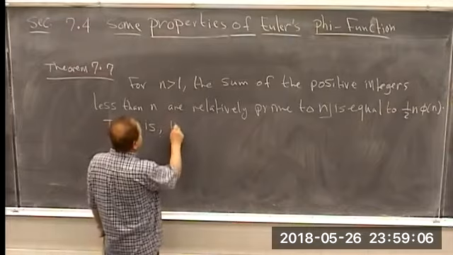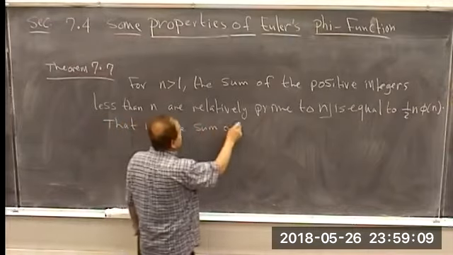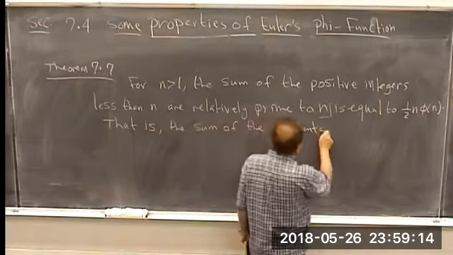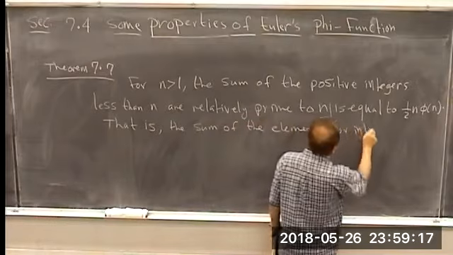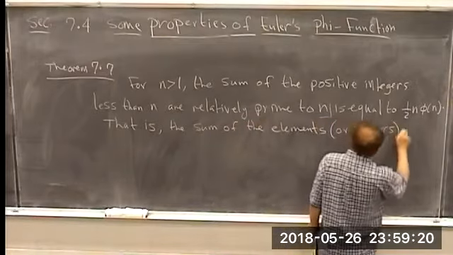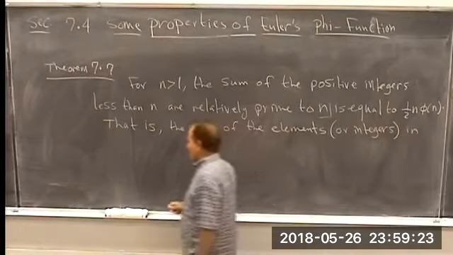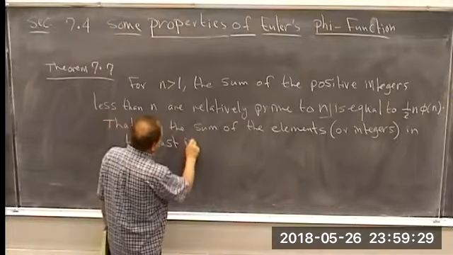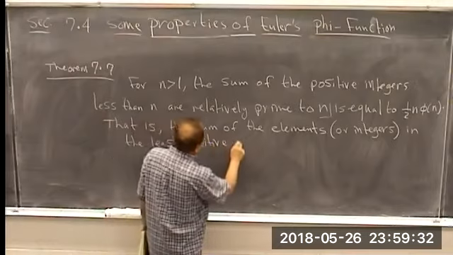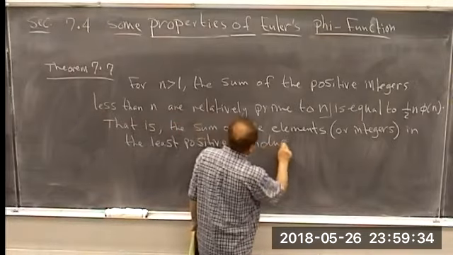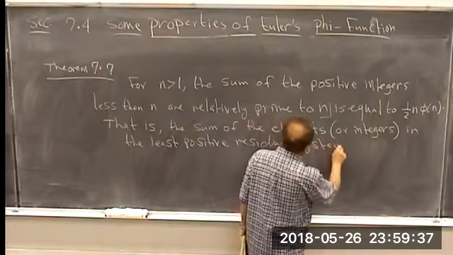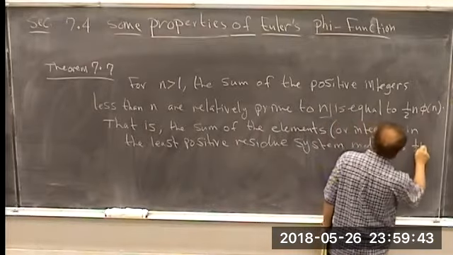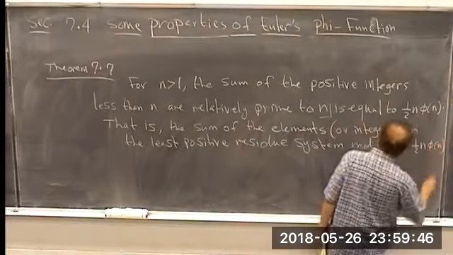That is, the sum of the elements or integers in the least positive residue system mod n is 1/2 n phi of n. All right.